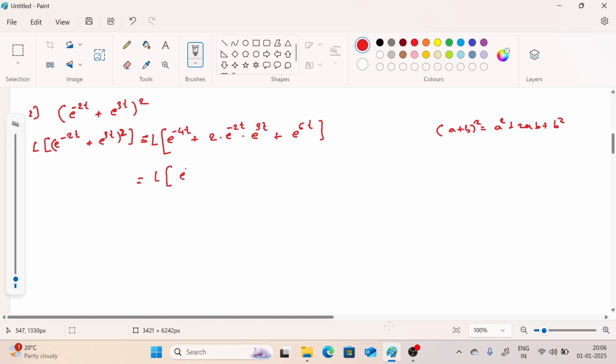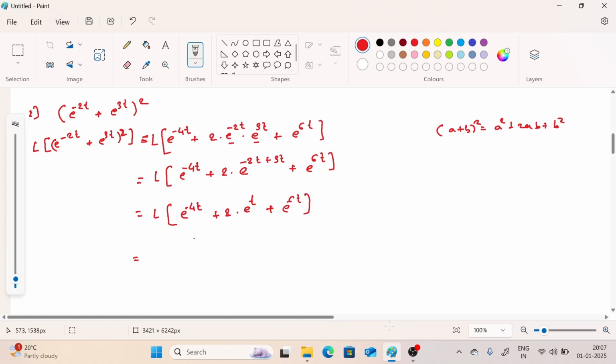Laplace of e raised to minus 4t plus, with the common base e, I will add the powers: minus 2t plus 3t, plus e raised to 6t. Now Laplace of e raised to minus 4t plus 2 e raised to t plus e raised to 6t.